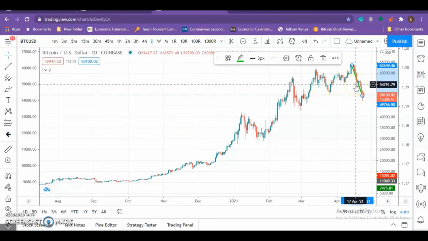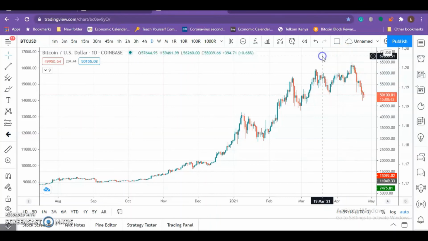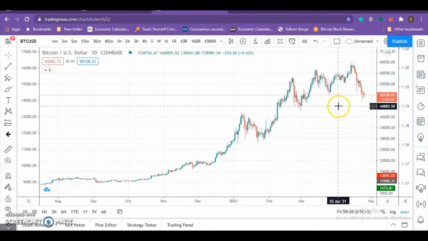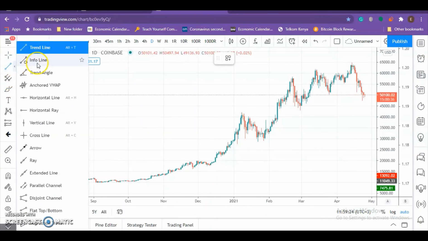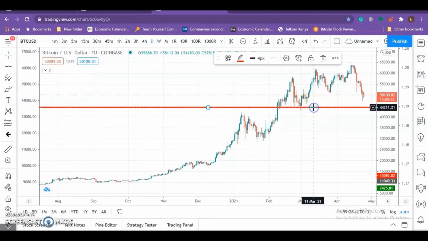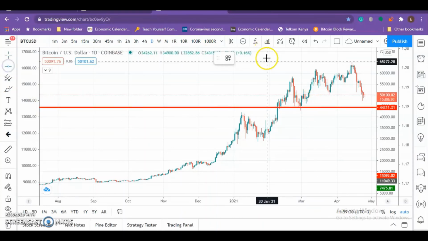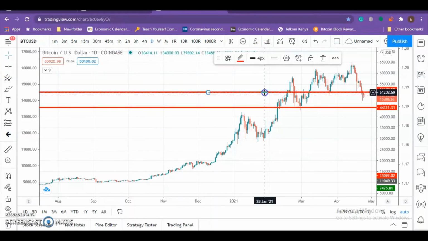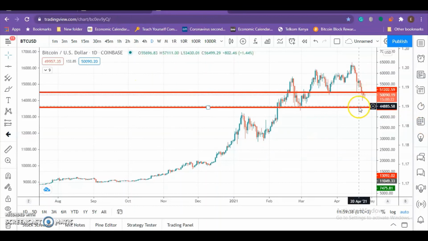So after, I want you guys to watch it in between these zones right over here, 51 and 44.